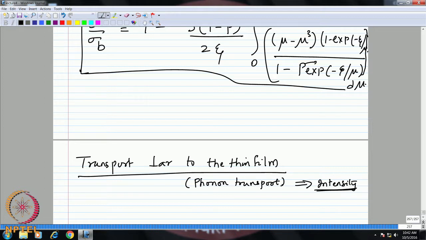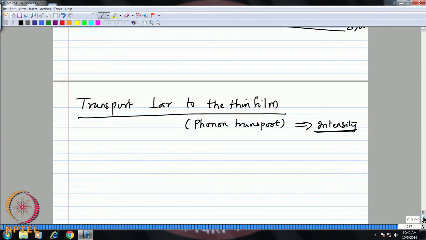If you calculate the distribution function, you have to convert that into equivalent temperatures. But the more elegant way is to write the Boltzmann transport directly in terms of intensity, and therefore your temperature can be directly extracted.